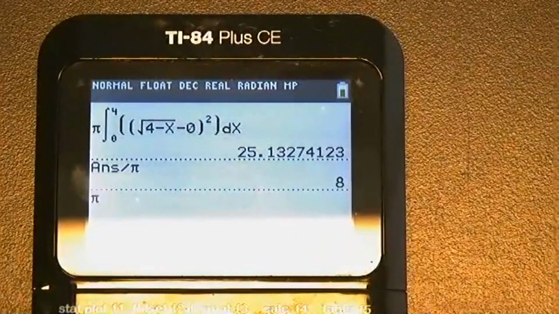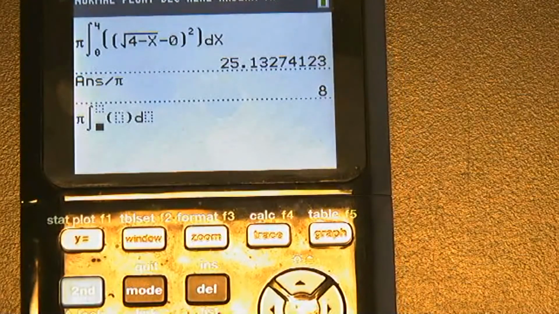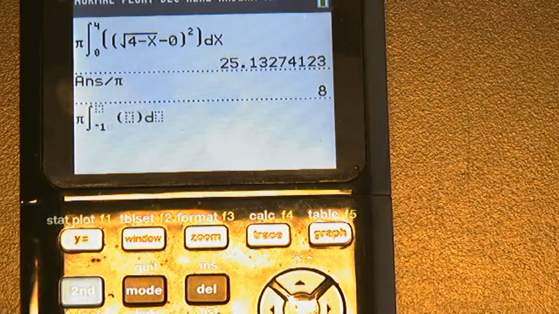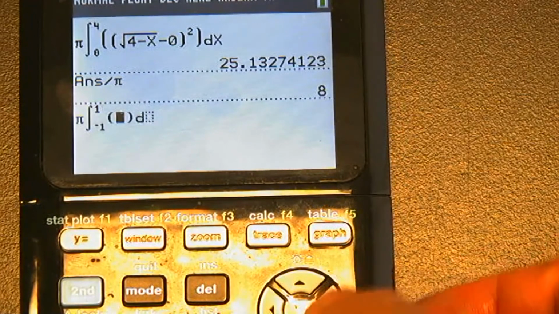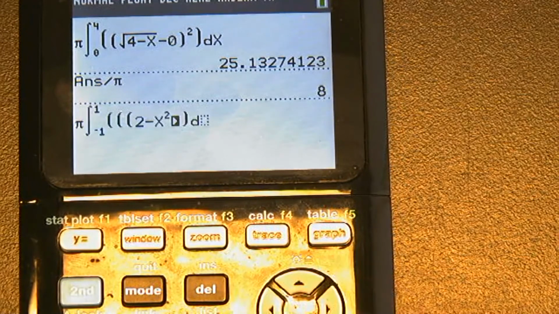So pi, once you start getting used to this, it goes quicker and quicker. -1 to 1. And then start your parentheses, 2 minus x squared minus 1.